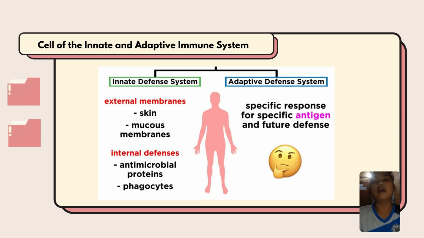Phagocytes are also part of the inflammatory response, and this occurs when body tissues are injured in some way, by physical trauma, heat, or infectious agents. This begins with the release of inflammatory chemicals like histamine into the extracellular fluid.